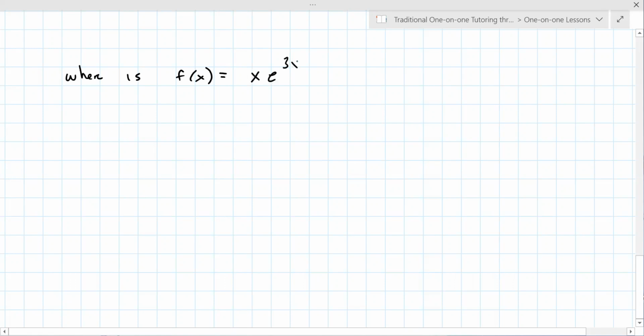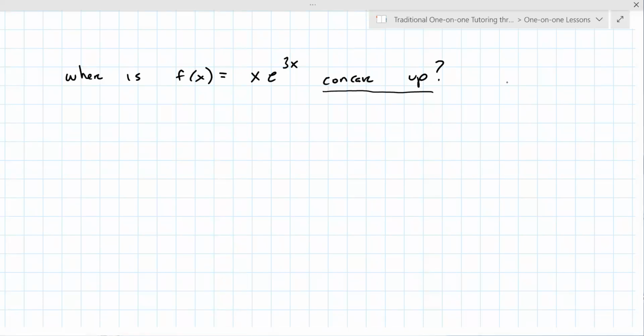Let's go. It'll say, where is f of x equals x e to the 3x concave up? Concave up refers to which derivative? Second.